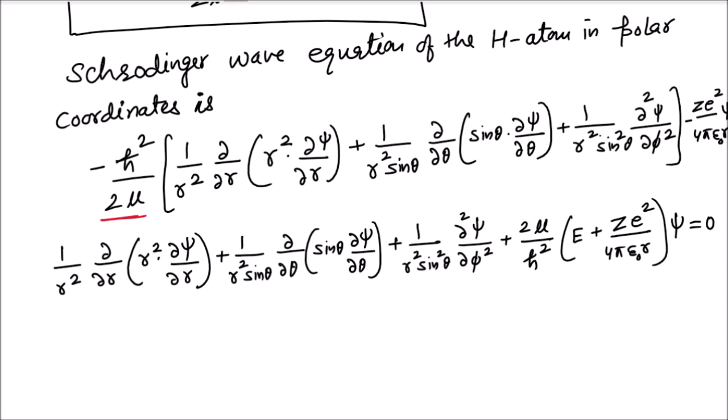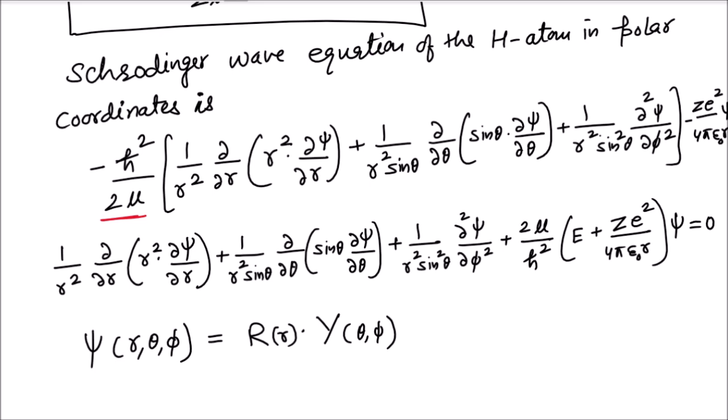Now using the separation of variables, we are going to separate the radial part from the angular part. So you know psi is a function of r, theta as well as phi. Capital R is a function of r only, and capital Y is a function of theta and phi.